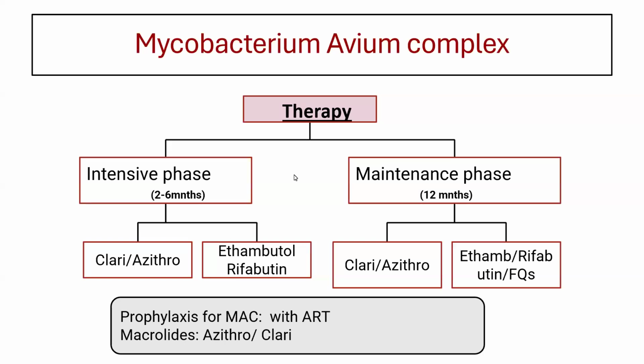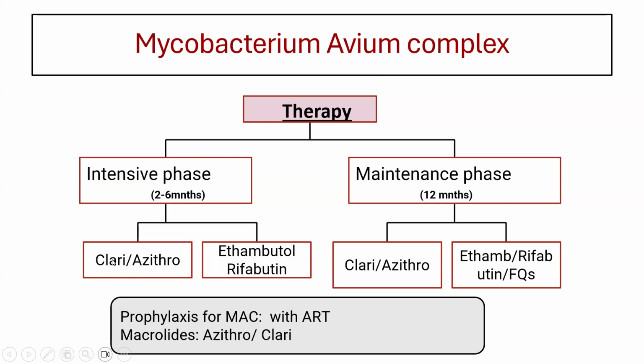And coming to last, Mycobacterium avium complex. So what are the drugs used in Mycobacterium avium complex? Mainly this therapy is needed in AIDS patients because they are immunocompromised, and opportunistic infections are commonly seen with AIDS patients. So Mycobacterium avium complex therapy has an intensive phase and a maintenance phase. Intensive phase is 2 to 6 months.